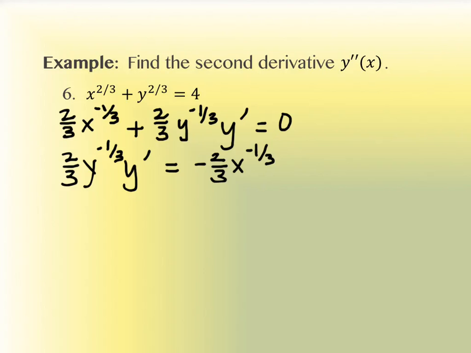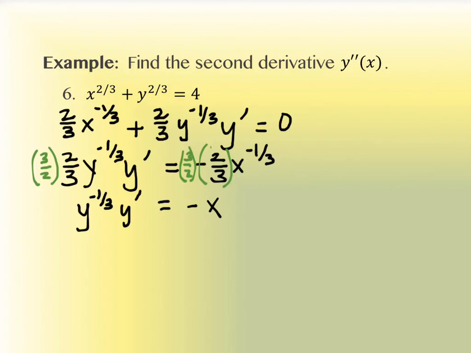Cancel out the 2/3, right? We've got 2/3 on both sides. If you don't like the phrase cancel them out, which isn't the best mathematical phrase, we're actually multiplying by the reciprocal. If you multiply both sides by 3/2, they go away. So I end up with y to the negative 1/3 y prime equals negative x to the negative 1/3.